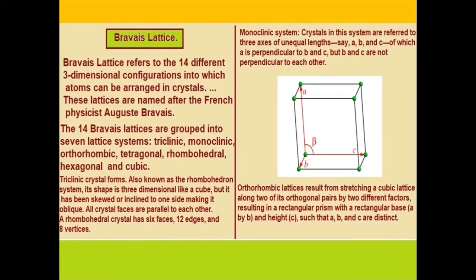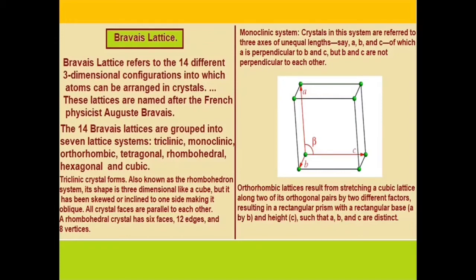That scientist was French, the physicist Auguste Bravais, who devised these 14 different three-dimensional configurations into which atoms can be arranged in crystals. The 14 Bravais lattices are grouped in 7 lattice systems, and they are triclinic, monoclinic, orthorhombic, tetragonal, rhombohedral, hexagonal, and cubic.